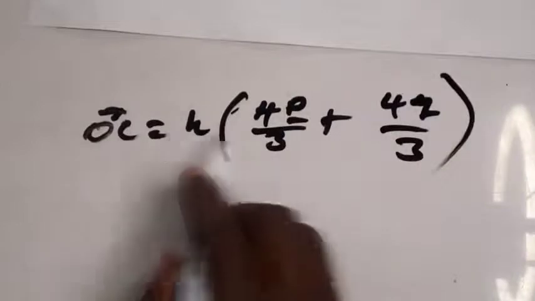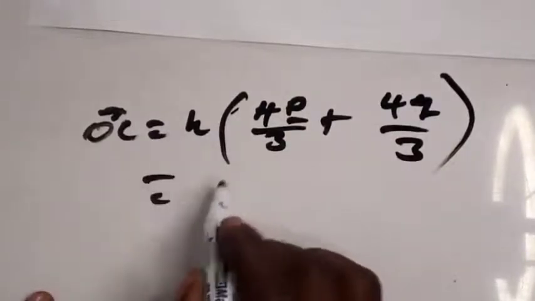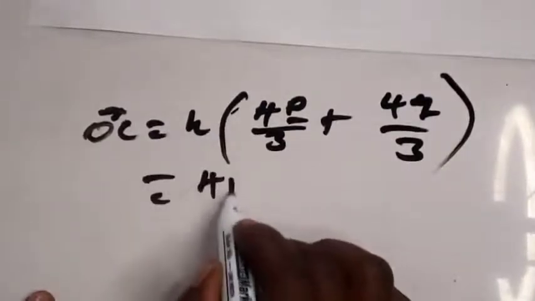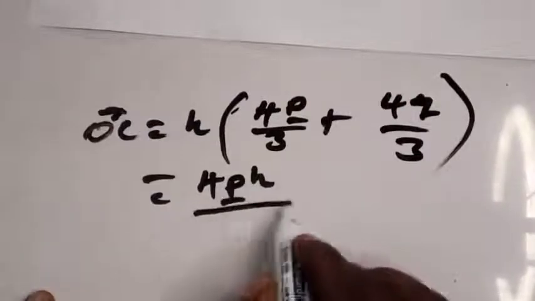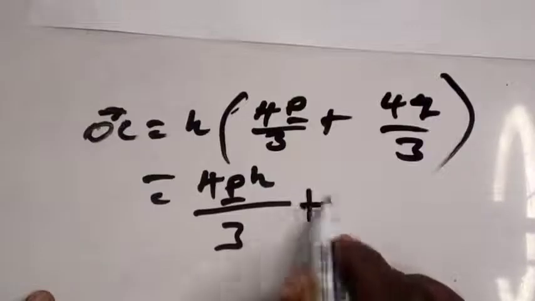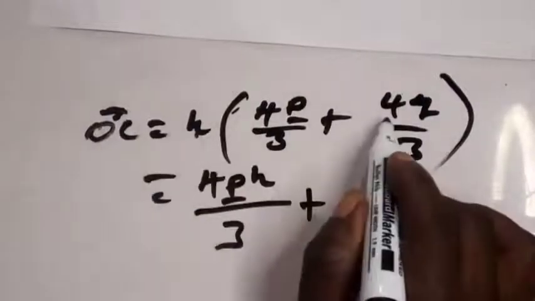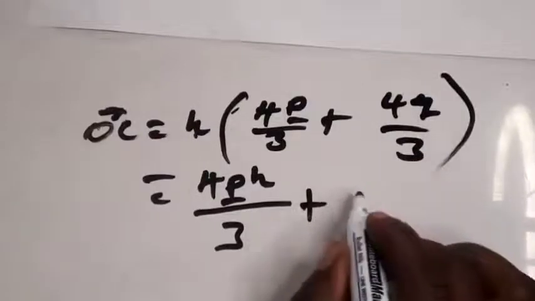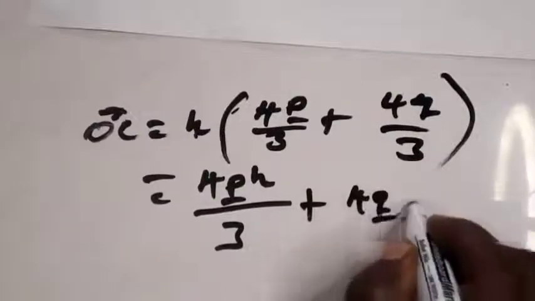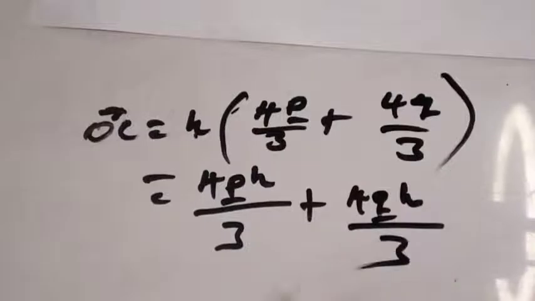Then let's multiply throughout by h, then it will be 4ph over 3 plus 4qh over 3.